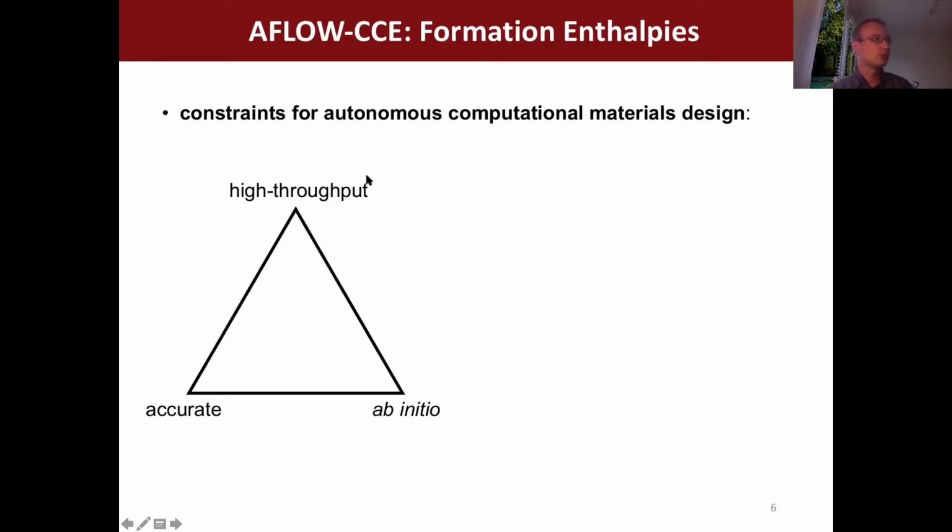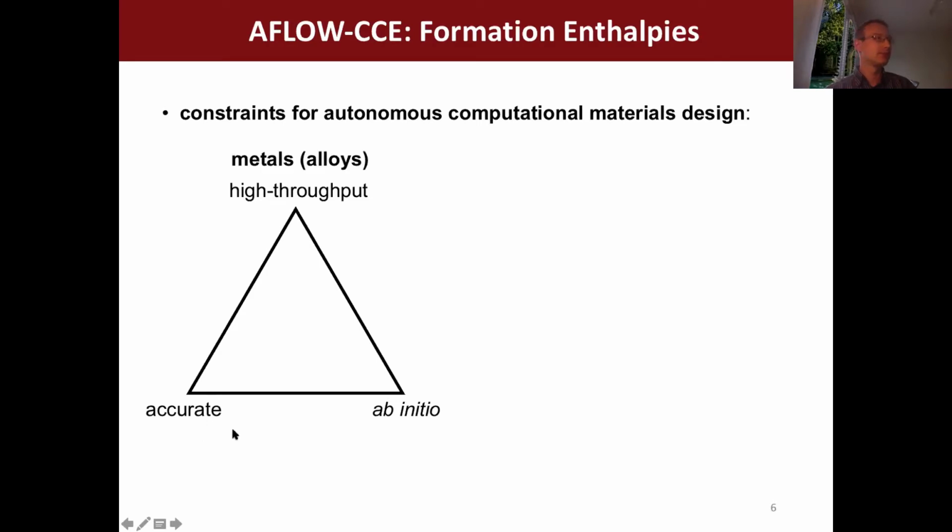You want to do high throughput materials discovery, so we want to do this for thousands or millions of materials. This is one condition that we have. And ideally, you want to do this also ab initio, so without empirical parameters, like ab initio DFT. This is our ideal, because then usually the theory is very universal and you can apply it to all kinds of materials. And of course, we want to be accurate.